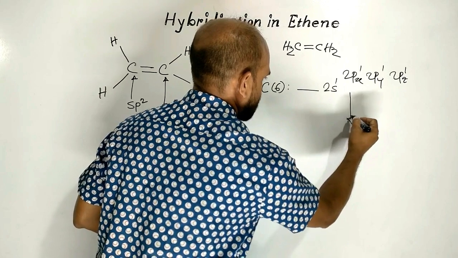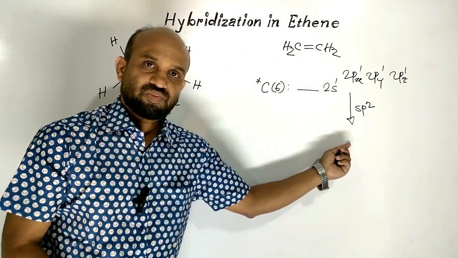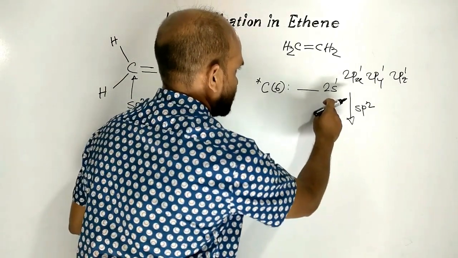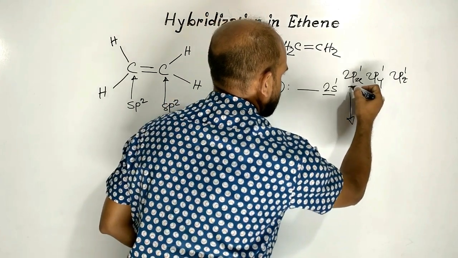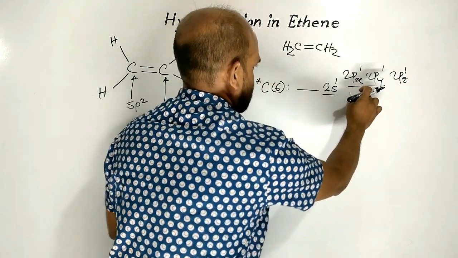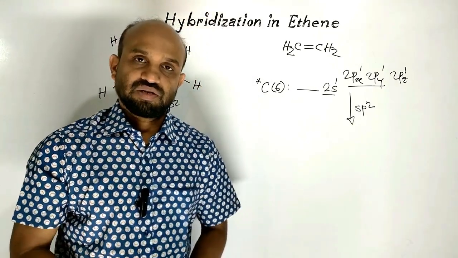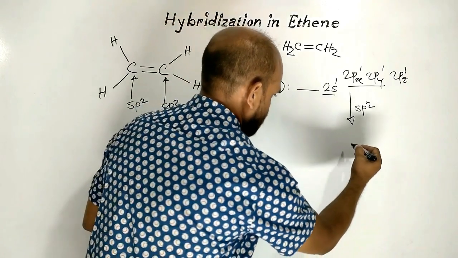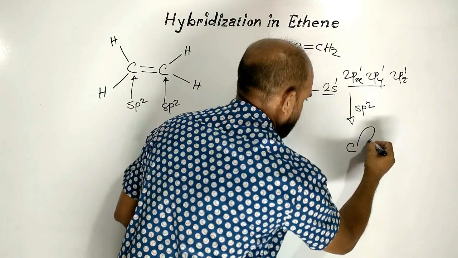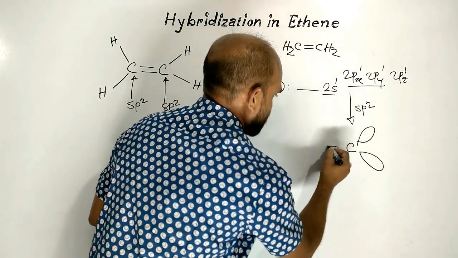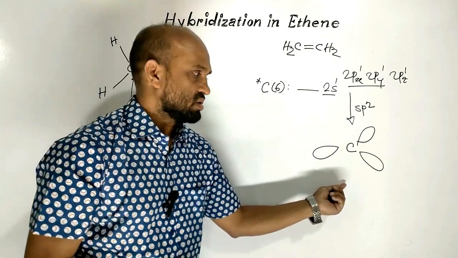That is, here sp2 hybridization takes place. That means one s and two p orbitals, total 3 orbitals take place in hybridization, and after hybridization, total 3 orbitals are formed. 3 hybrid orbitals.